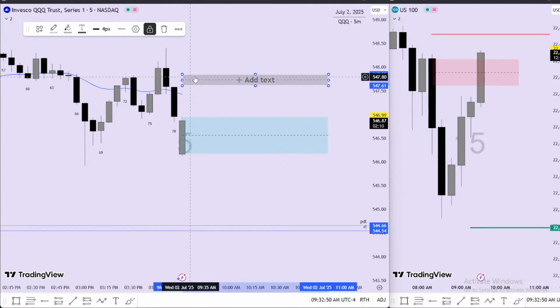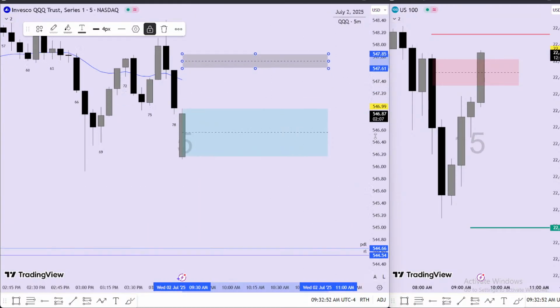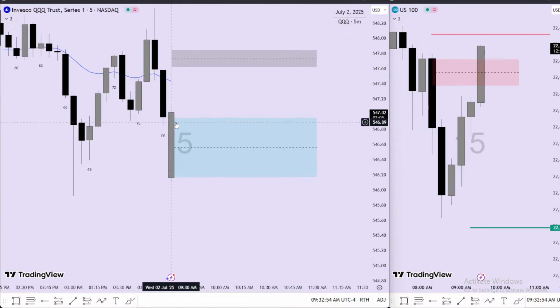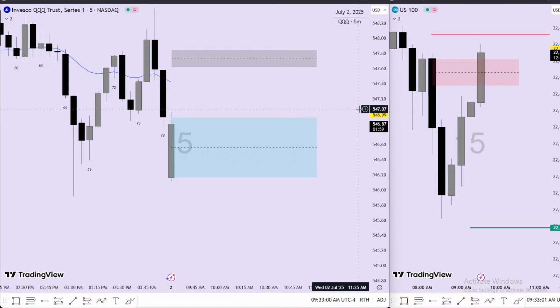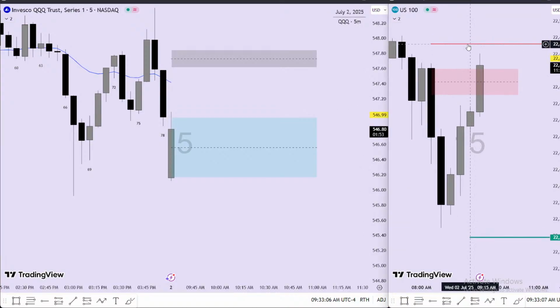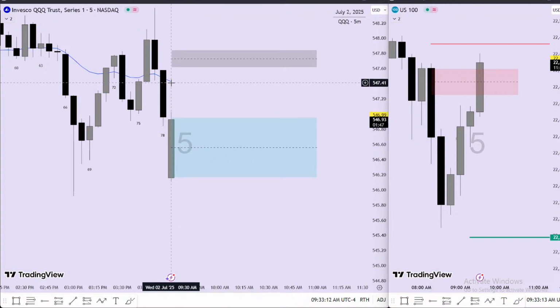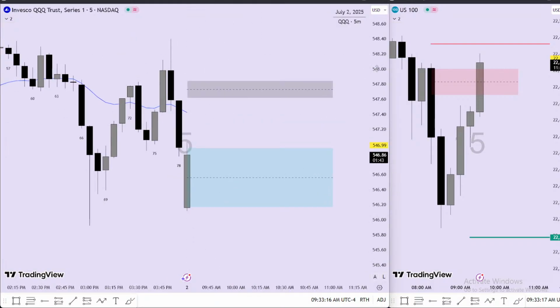We might come back to this point to retest this. The first 5 minutes still has 2 minutes to it. We might retest this moving average and this black box.